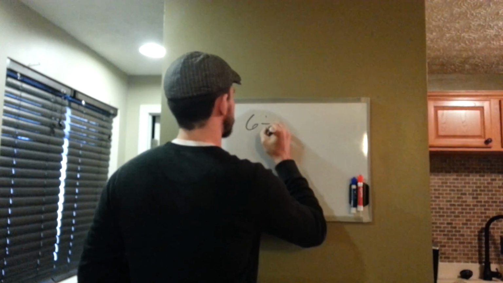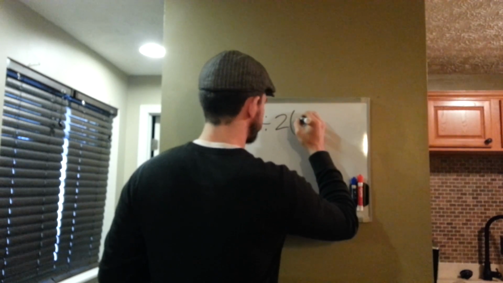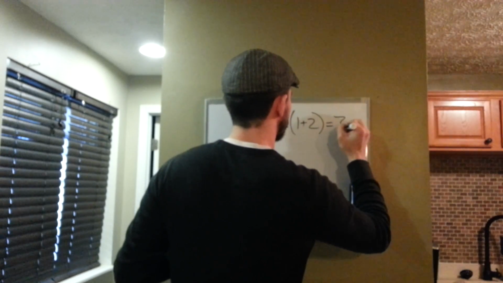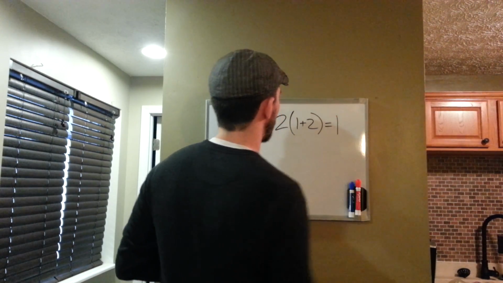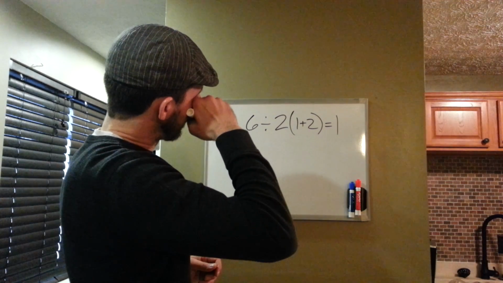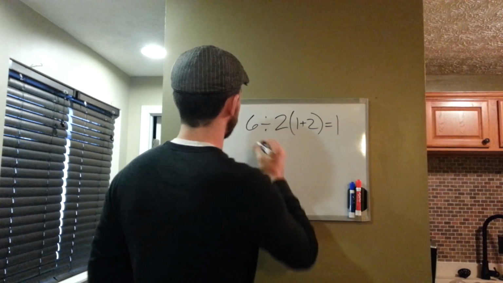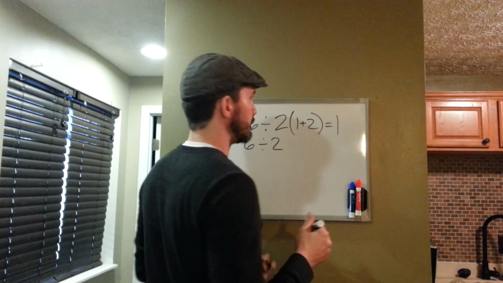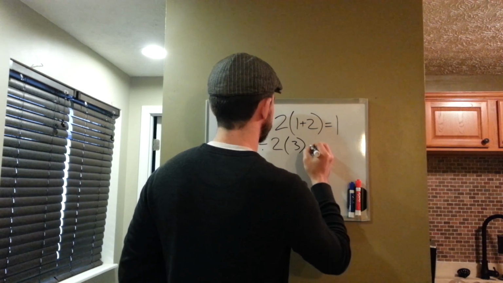But 6 divided by 2(1+2) equals, well, I don't put a question mark because this is 1. But the way we figure that out, according to the wrong way, is 6 divided by 2, order of operation, do the parentheses first, which is 3.